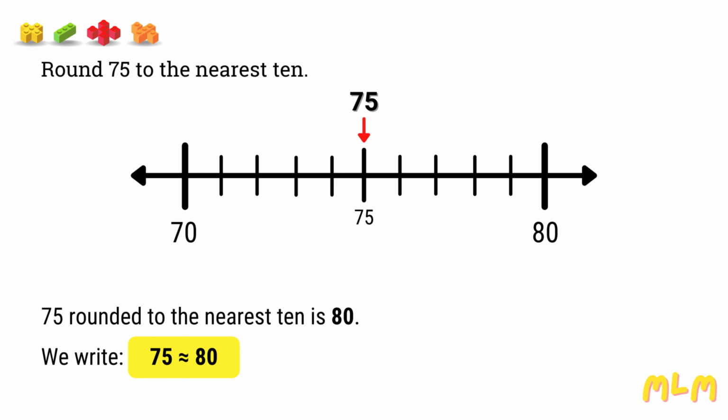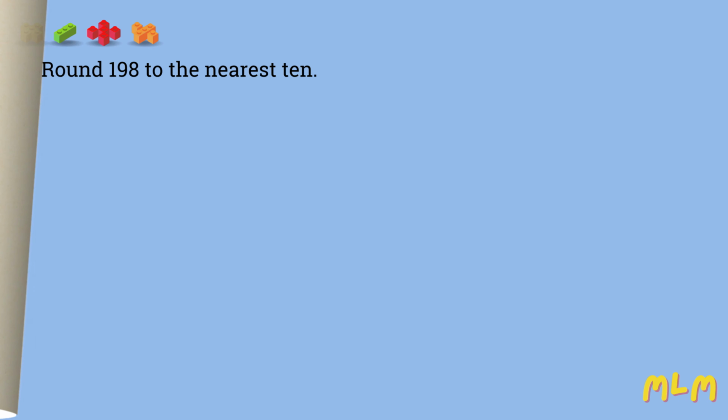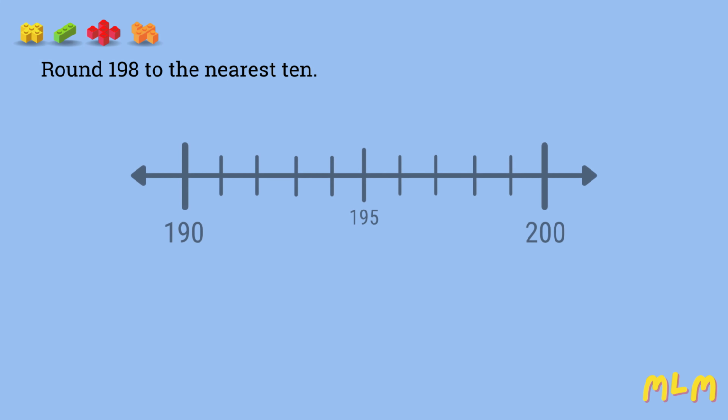How about rounding 3 or 4-digit numbers to the nearest 10? Let's try this next example. Let's round 198 to the nearest 10. When rounding a 3, 4, or more digits to the nearest 10, we focus on the tens place.